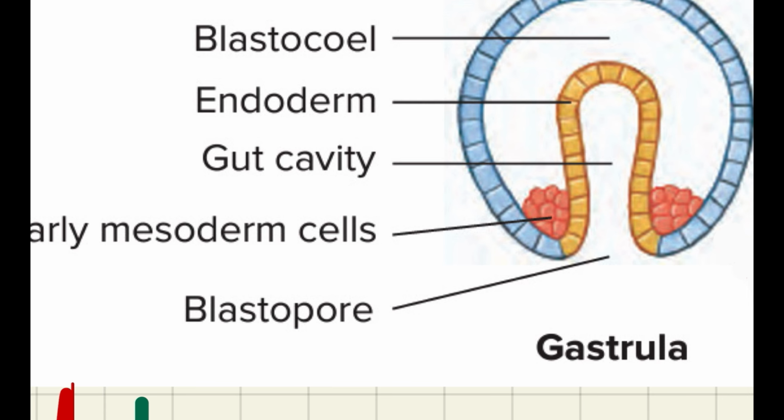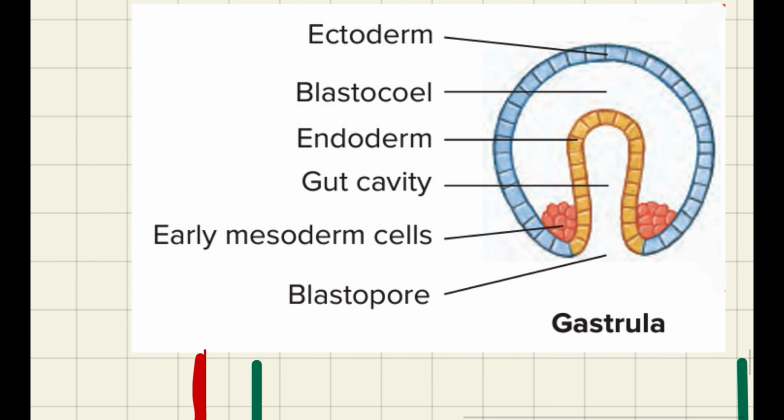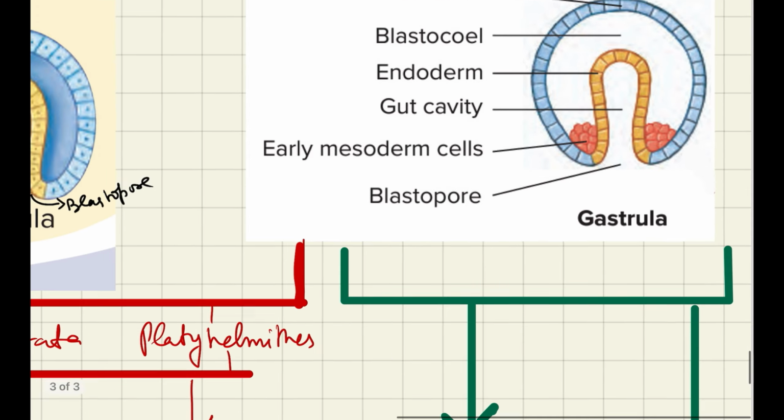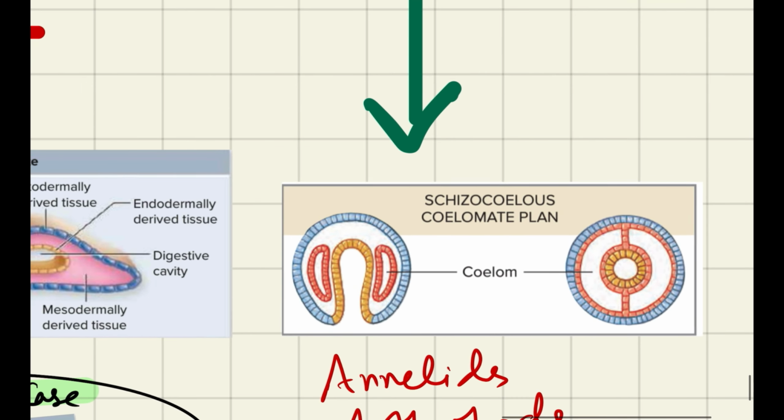What happens, like I told you, is that this mesodermal layer fills this whole cavity. From here also the whole cavity gets filled. Then the first case is the schizocoelomatous condition.